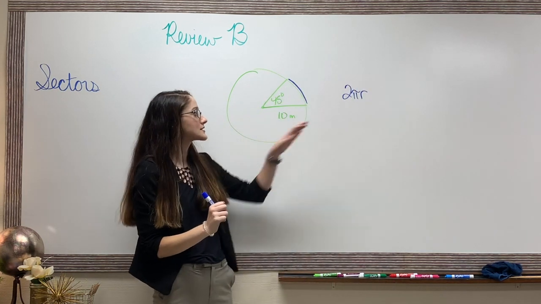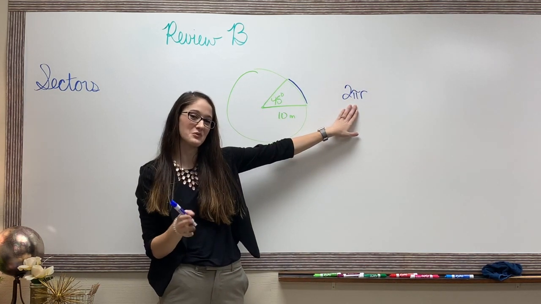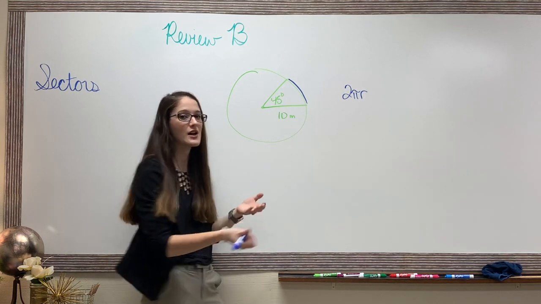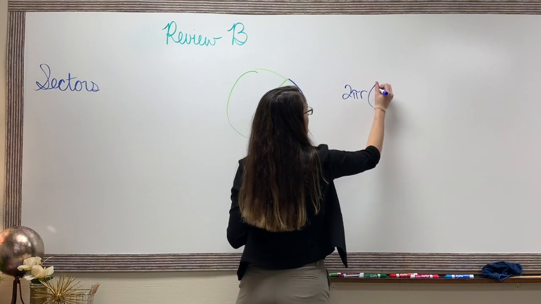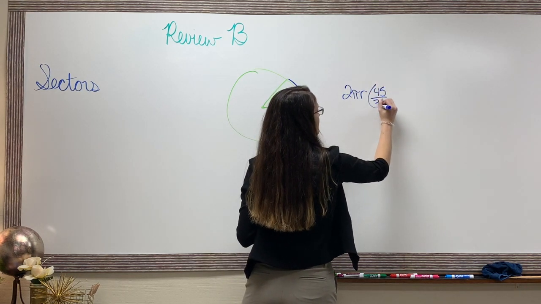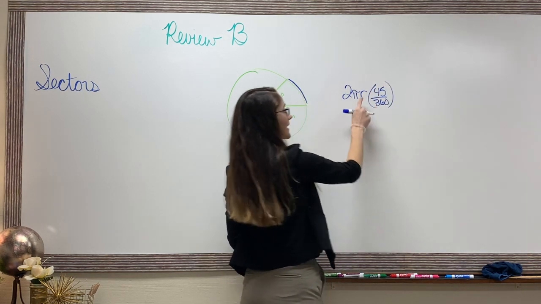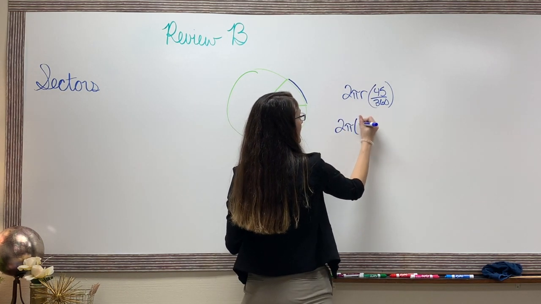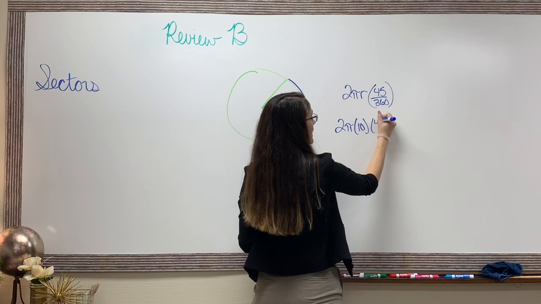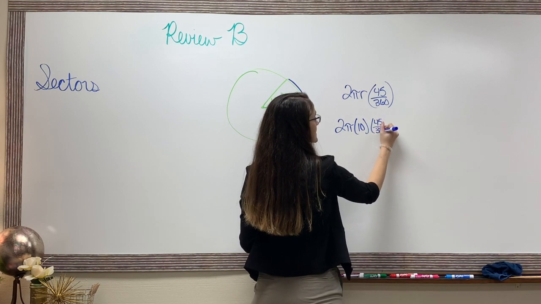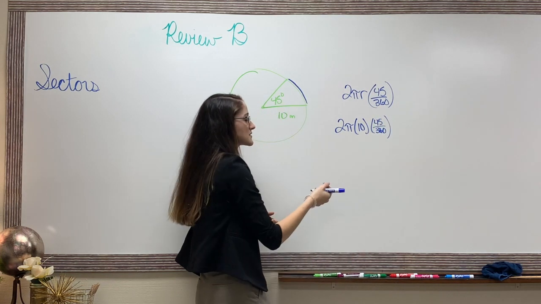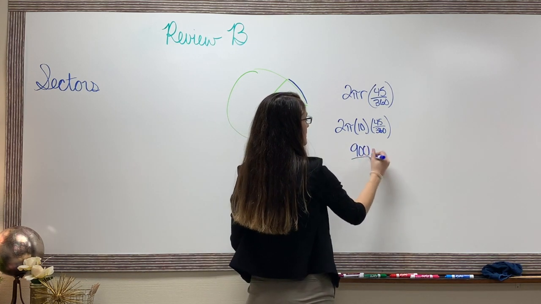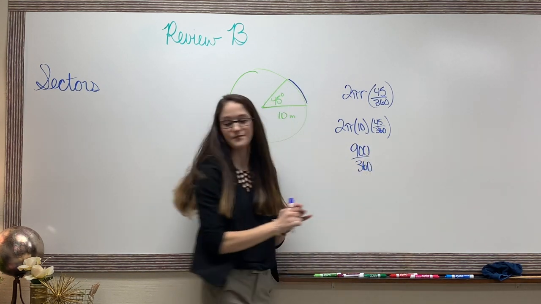But this is dealing with the whole circle, and we don't want the whole circle, we just want the 45 degrees of it. So we're going to multiply it by 45 over 360. Okay, and now we're going to replace r with 10. So we have 2 pi 10 times 45 over 360. And 2 times 10 is 20, times 45 is going to be 900 over 360.